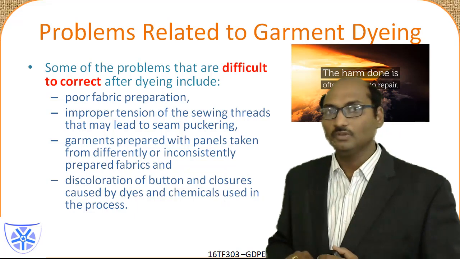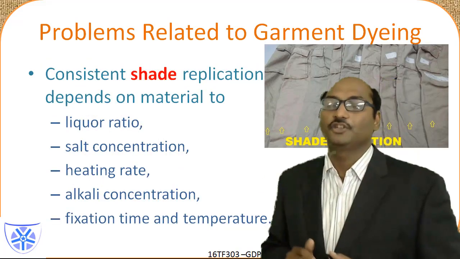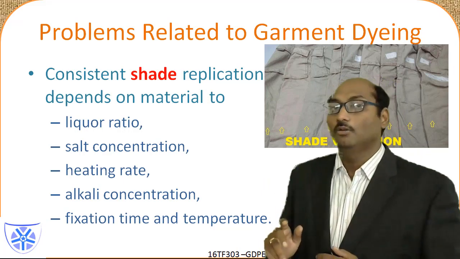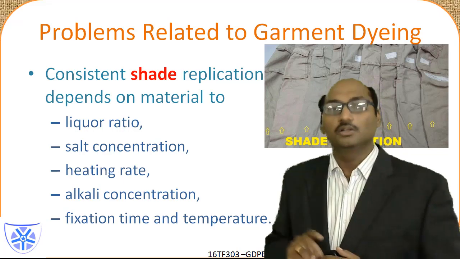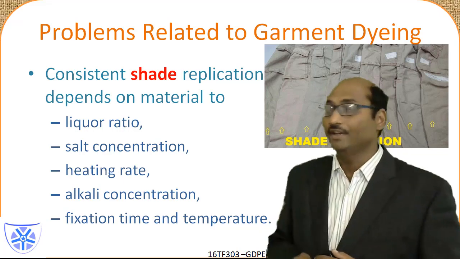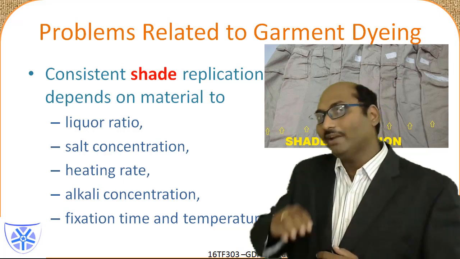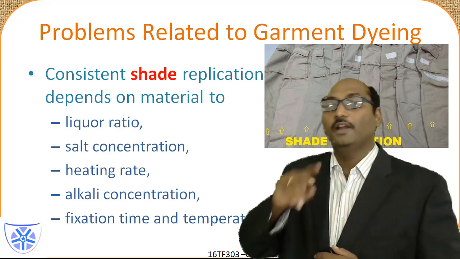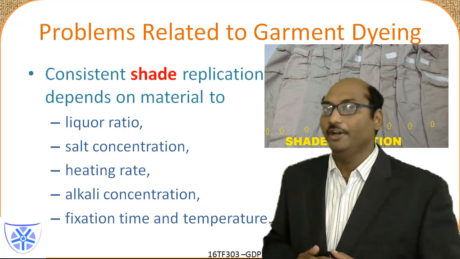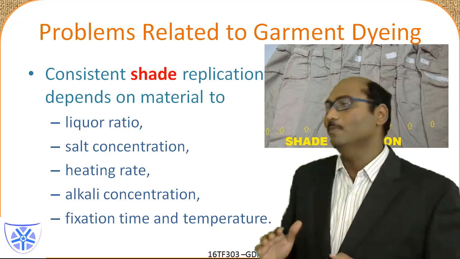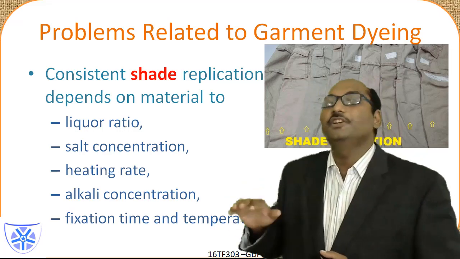Apart from this, consistent shade replication depends on the liquor ratio, the salt concentration, the heating rate, alkali concentration, and the fixation time and temperature. Whatever the dyeing program or dyeing curve followed with respect to each chemical and temperature, it should be the same. That will lead to consistent shades.